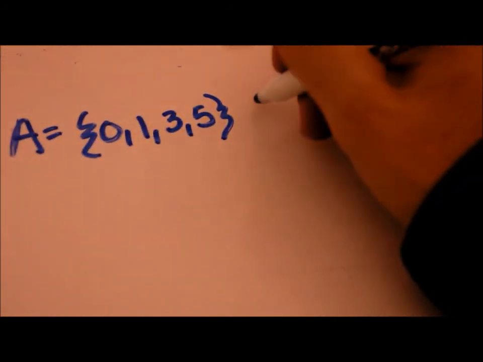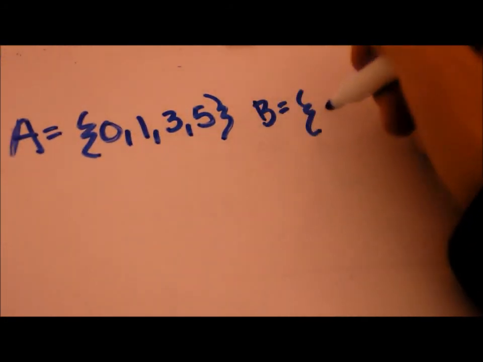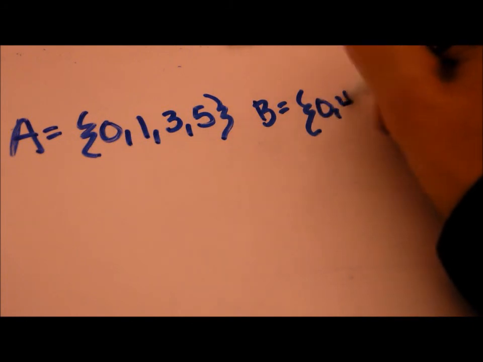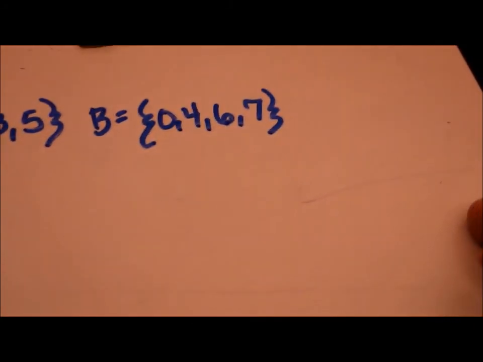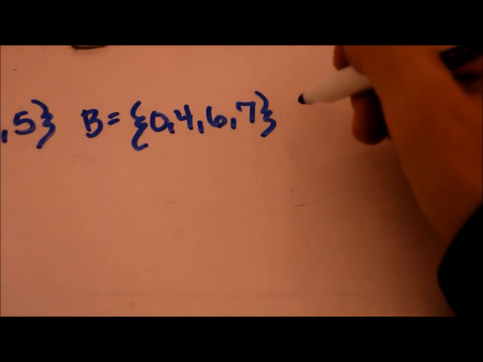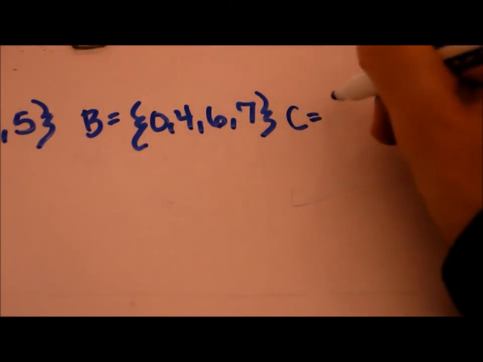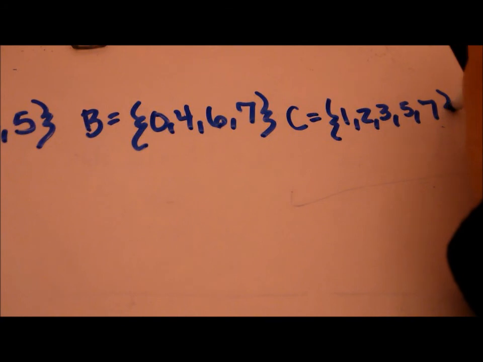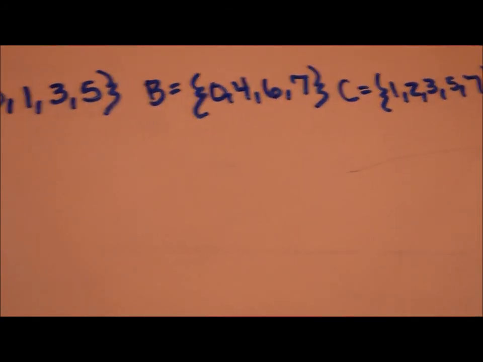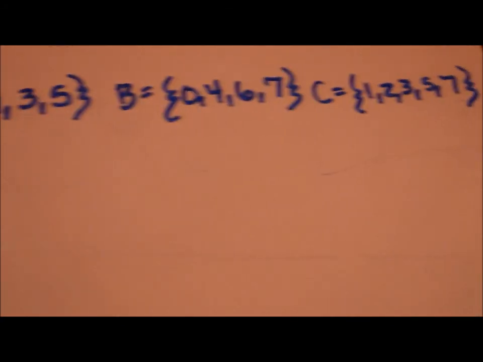The members of B were 0, 4, 6, and 7. And then we've got the members of C, hopefully they don't fall off my page here. Okay, so we've got members of A, B, and C.